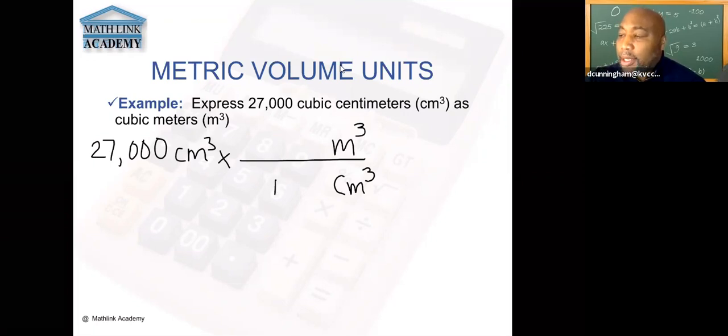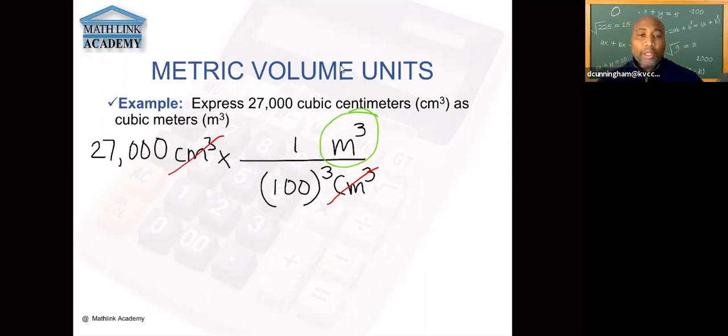We know that 100 centimeters is 1 meter, but since it's cubed, we're going to cube it. Now, what happens here, what cancels will be our centimeters cubed, notice that, and what's left over will be meters cubed. So that's the unit that we're looking at, that's what's left over. So our answer would be in that form.